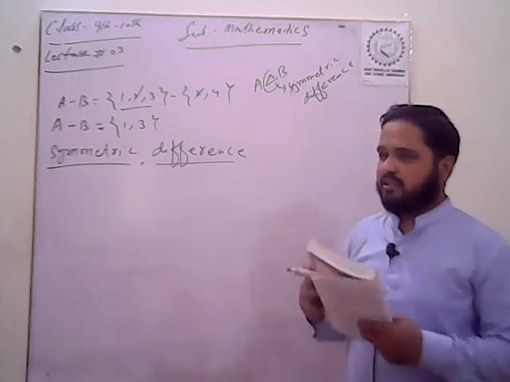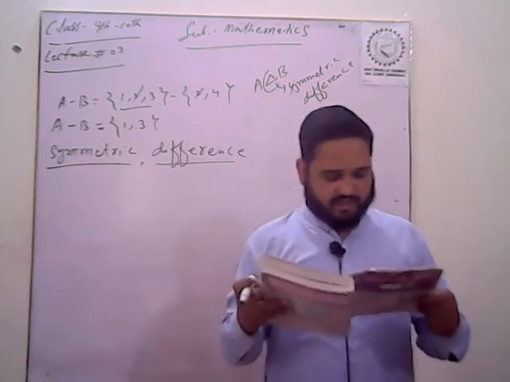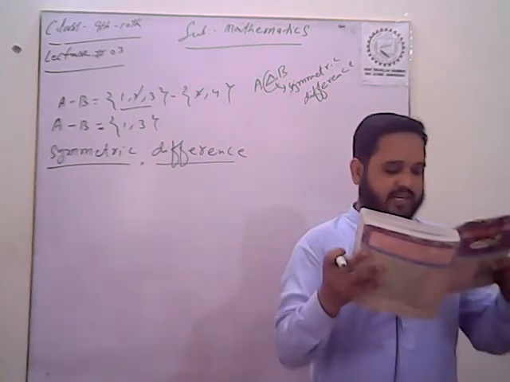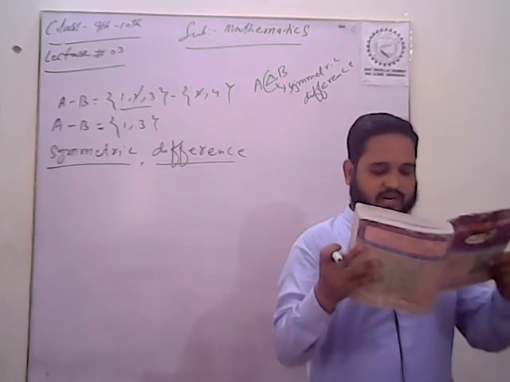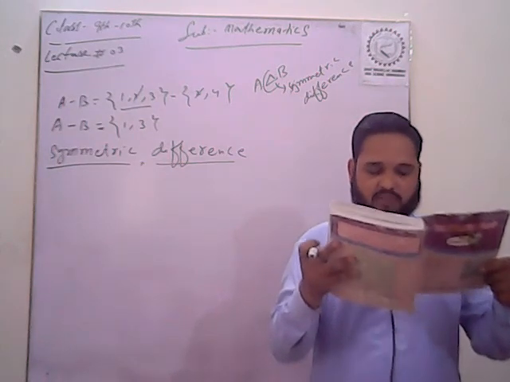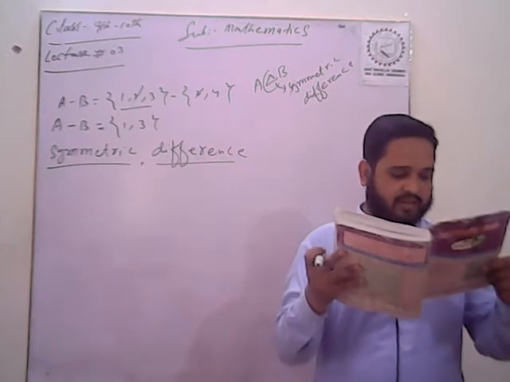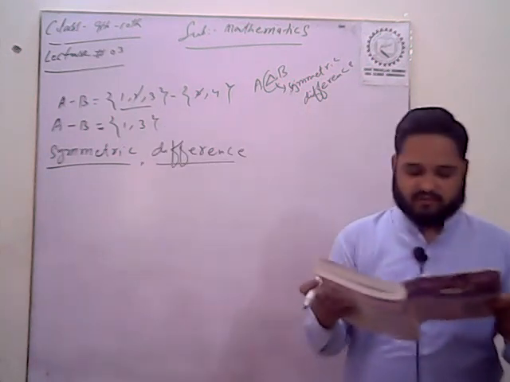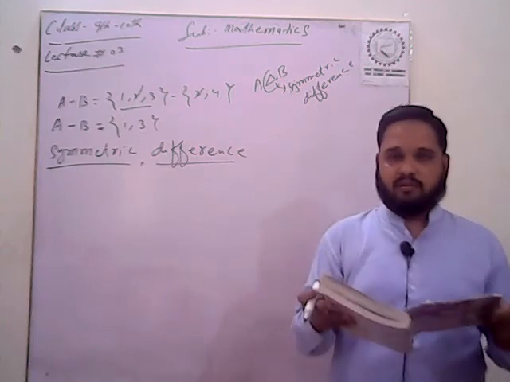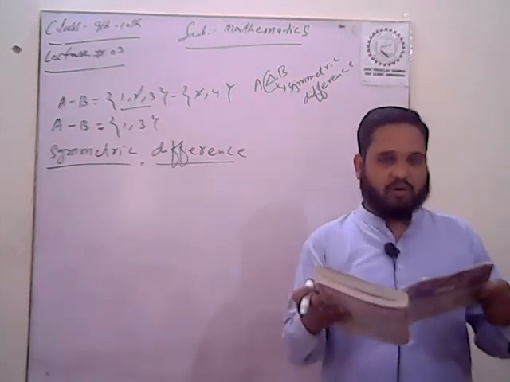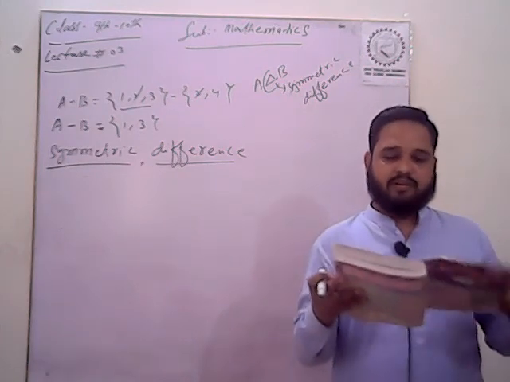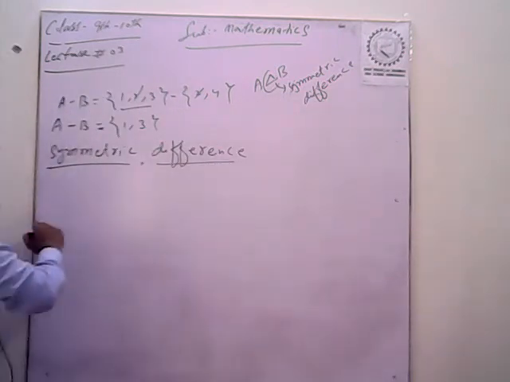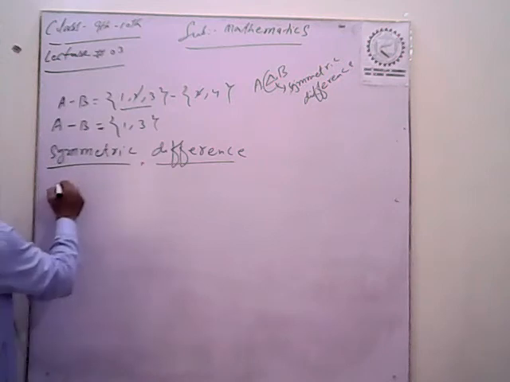Then it is denoted by A symmetric B, which means the set containing those elements which are either in A or B but not in both A and B, which means maybe in A, maybe in B, but not in both A and B. For example, I take an example.